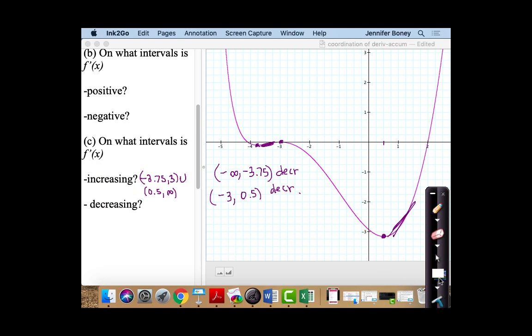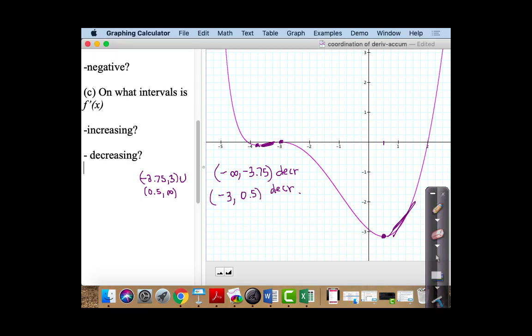So if I were to put in additional questions here, let's see, D: on what intervals is f prime prime of x positive, negative? All right, and I'll scroll this back down.